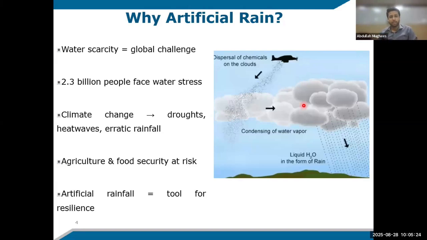If there is a low concentration of water vapors in the sky, we may see a white color because that's the reflected light from those water vapors. If there are a lot of water vapors, we may see a grayish color. If there is a huge amount of water vapors in the sky at a very close distance, we will see blackish clouds, and it mostly rains when it's grayish.